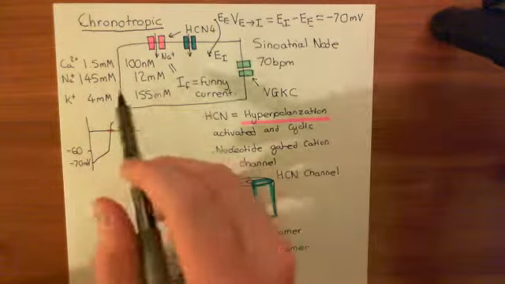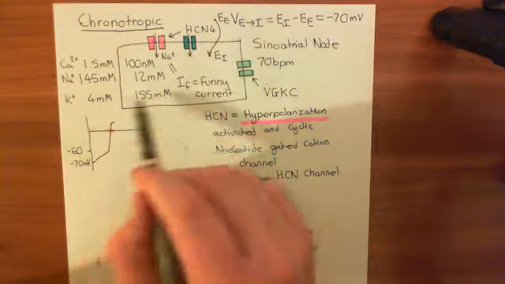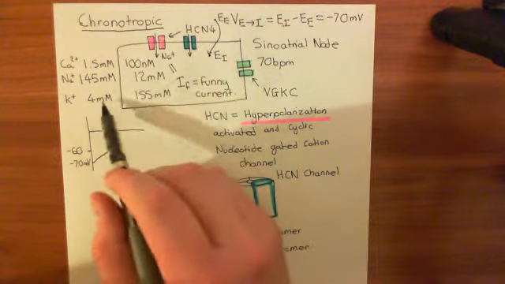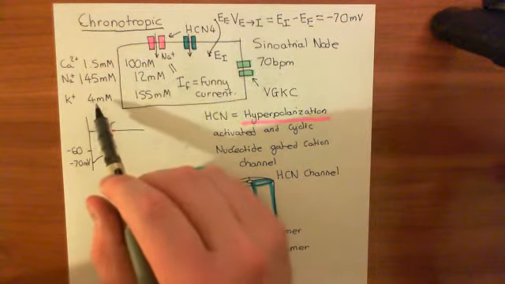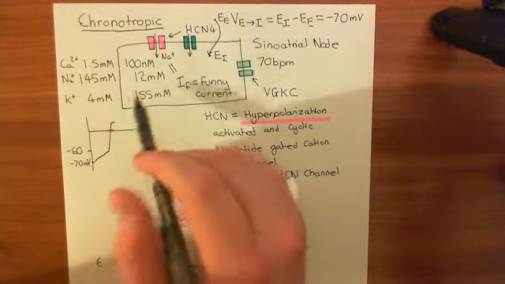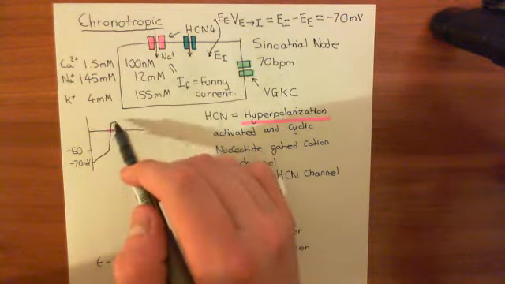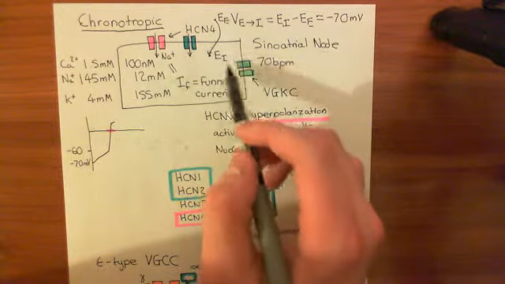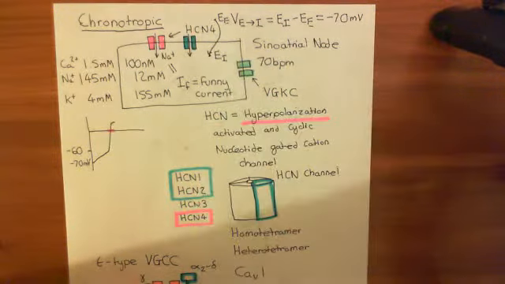And now, look at this potassium gradient. The concentration gradient in potassium favors the movement of potassium out of the cell. And also, the electrical potential difference across this membrane now has the electrical potential in the intracellular compartment greater than the electrical potential in the extracellular compartment.